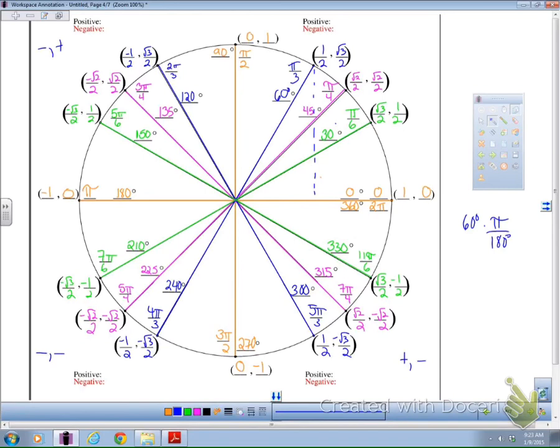When I'm looking at my 30-degree triangle right here, that's the long x and the short y. Okay, that's how I keep it straight in my head. The 30 degrees is long on the x and short on the y. Okay, and vice versa.